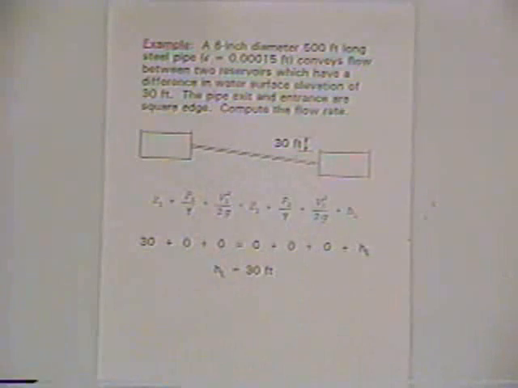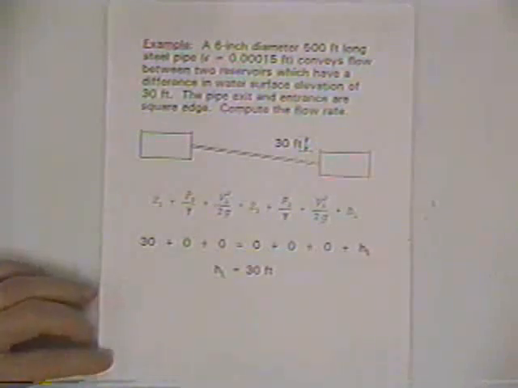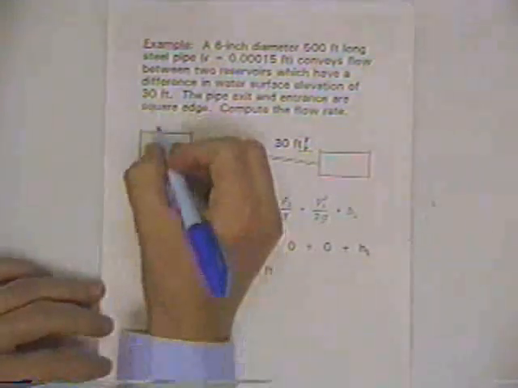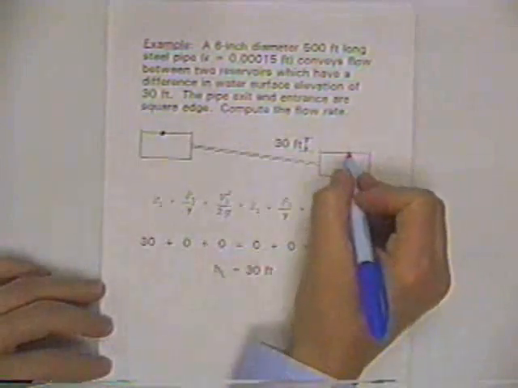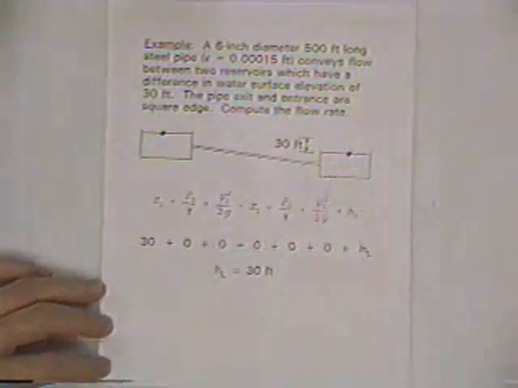And so we can apply the energy equation. Another application of the energy equation. It's certainly a workhorse in fluid mechanics. In all energy equation applications, we've got to use a little bit of ingenuity to pick out a couple of points that have significance. And the significance is usually because we know certain values at those points.